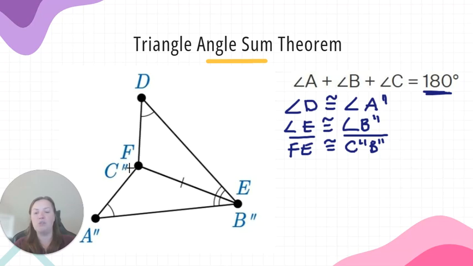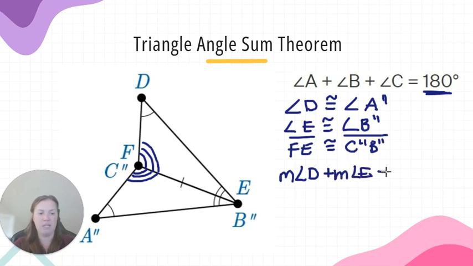And in order to show that angle F is congruent to angle C double prime, we can actually use the triangle angle sum theorem. Basically what that's saying is, and actually, let's change this, it's specifically the measure of angle D. That's what this M stands for, the measure of angle D, plus the measure of angle E, plus the measure of angle F is going to be equal to 180 degrees.